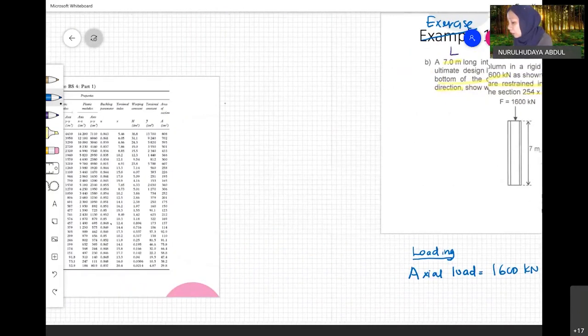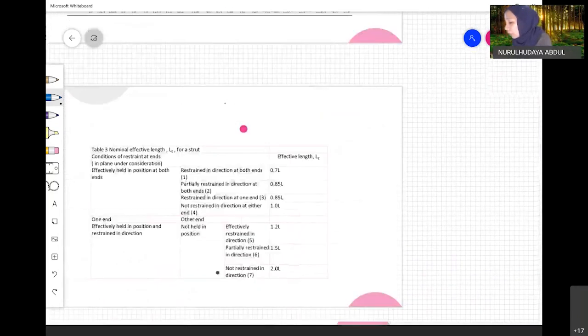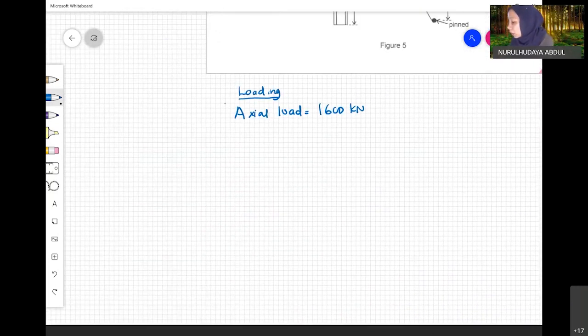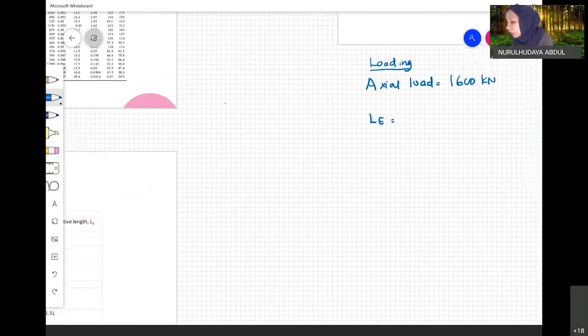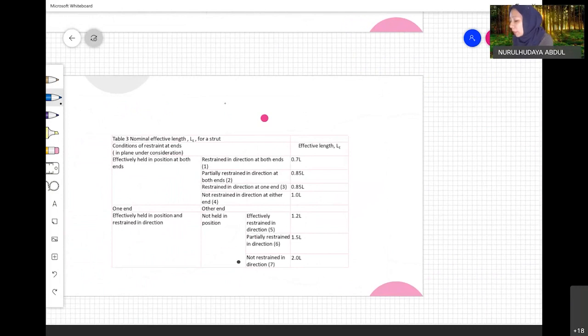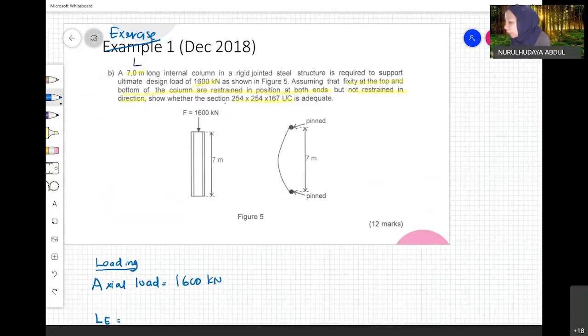You have this kind of table. So we calculate the effective length first. So LE equals something times L. What is that something? We want to see which one of these 7. Fixity at the top and bottom of the column are restrained in position at both ends.